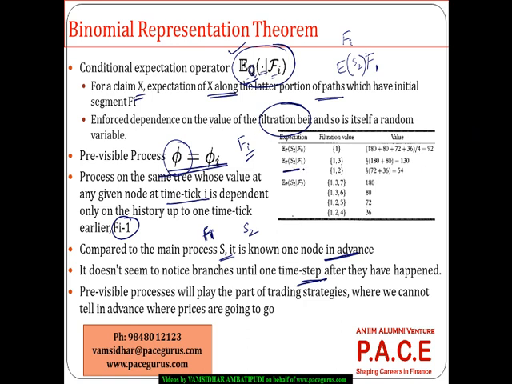Now when I know only up to F1 and want to find the expected value of S2, it depends on whether it is 1, 3, in which case this is the expected value, or 1, 2, in which case this is the expected value. And if I am going with the expected value given F0, two periods earlier, I am purely looking at all possibilities. But if I am going with this, it's a value which is fully known. There is nothing like an expected value there.